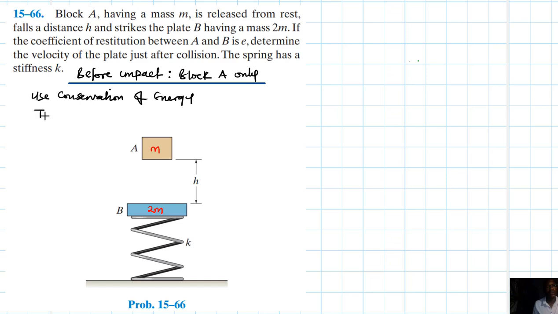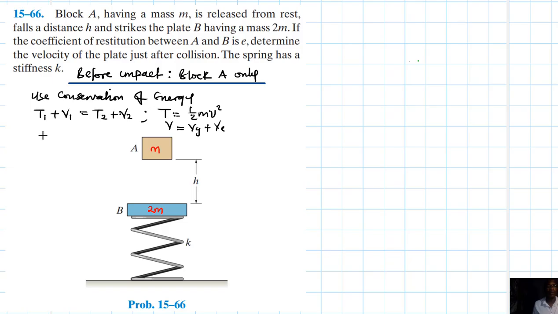So say our T1 plus V1 is equal to T2 plus V2. Our T here is the kinetic energy, and our V is the potential energy.